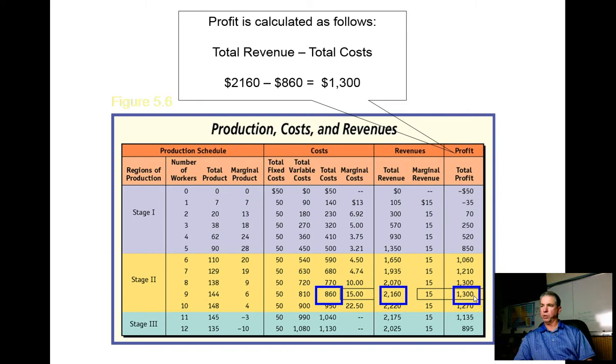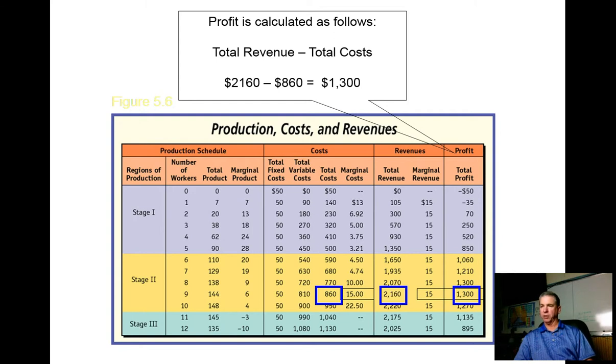Now, it's very important to note that our profit is the highest at this point. When we hire that 9th worker, profit at $1,300 is higher than this. Now, it's also $1,300 at 8 workers, but there's a reason why we want to go ahead and hire that 9th worker.